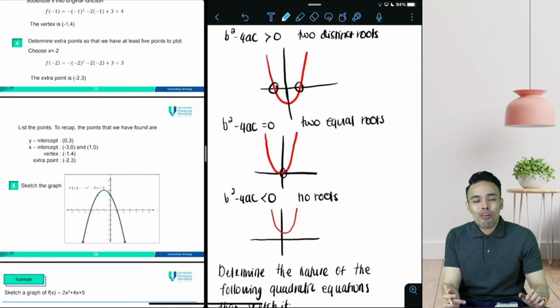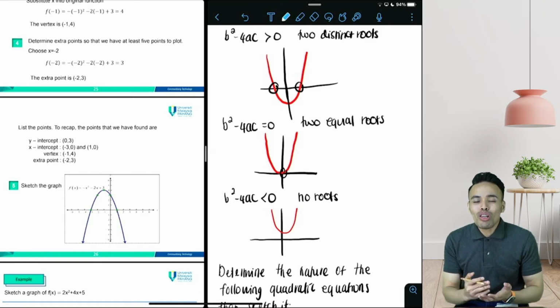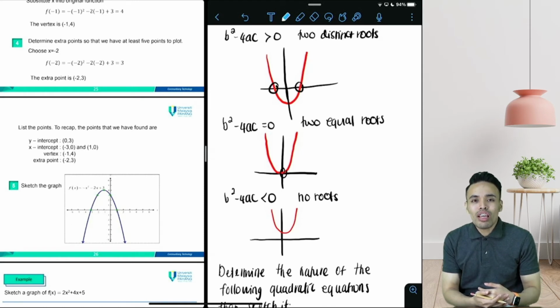Normally, this type of graph will produce two equal roots. Or you can conclude the quadratic equation will produce no roots when b squared minus 4ac is less than 0.